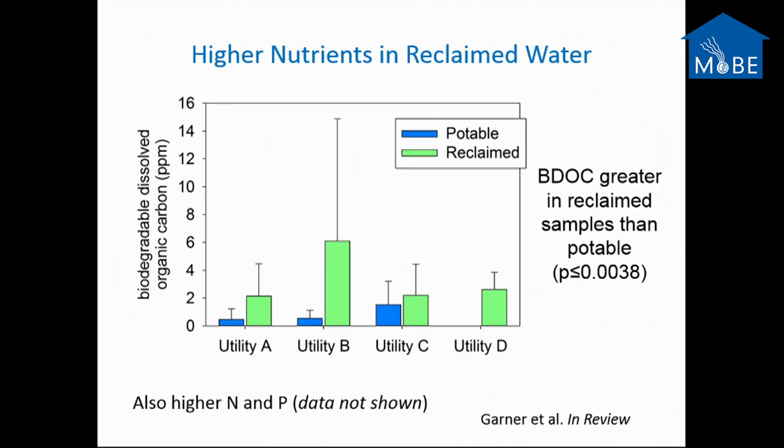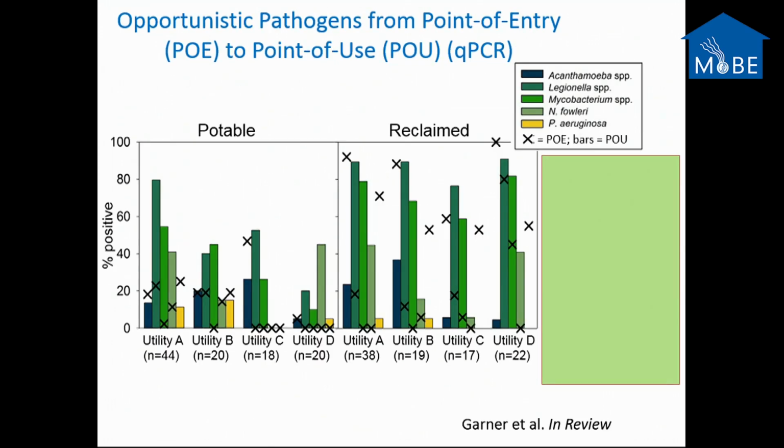And no surprise, the recycled water had a lot more nutrients. I'm showing the organic carbon here, but nitrogen and phosphorus were also higher. And using qPCR to monitor total bacteria and opportunistic pathogens, it's no surprise: reclaimed on the right, we did have more detection of bacteria.